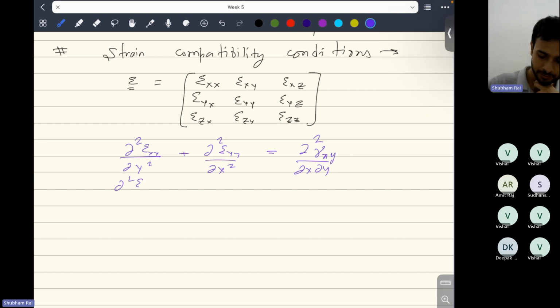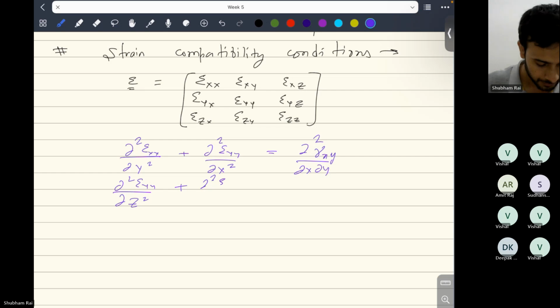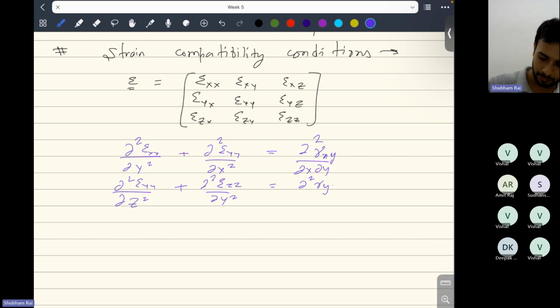So del square epsilon yy divided by del z square plus del square epsilon zz divided by del y square should be equal to del square gamma yz, actually I should use capital letters, Yz, over del y del z. Here also this is capital.